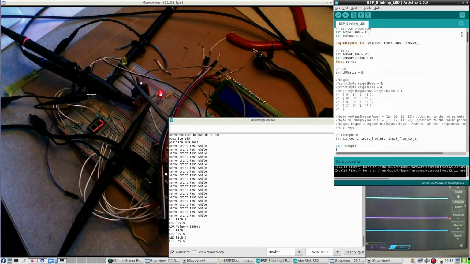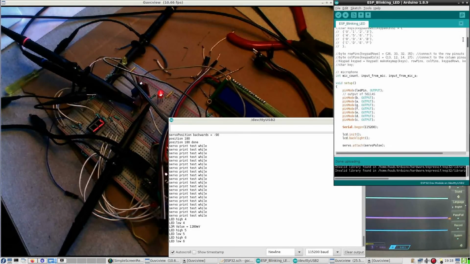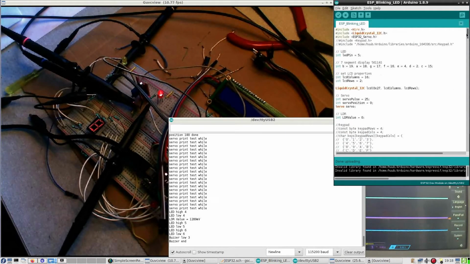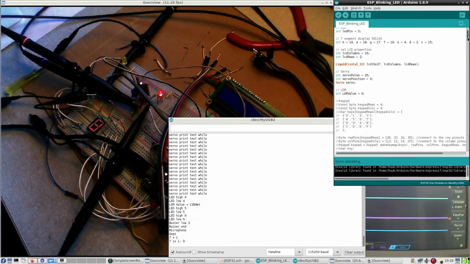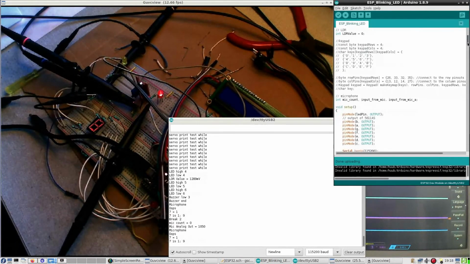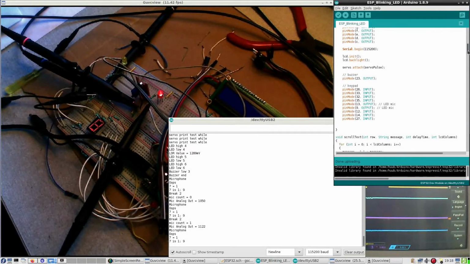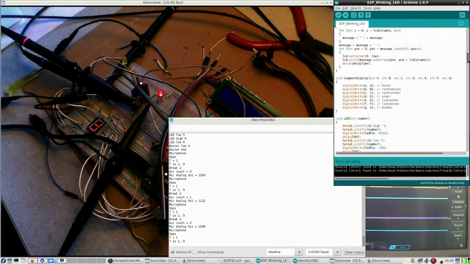So here, integer make output, but another question is, of course, is there a pin connected to it? A very good question.